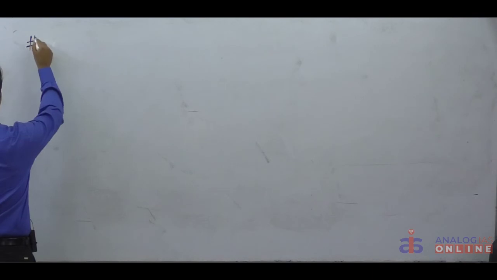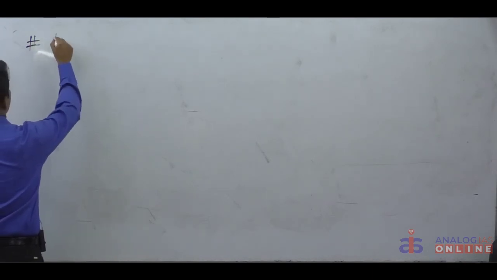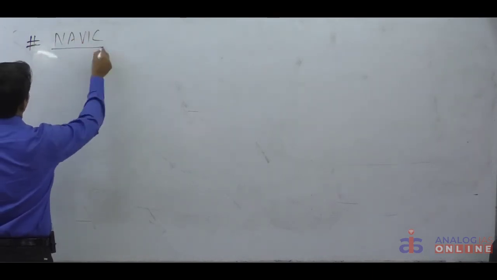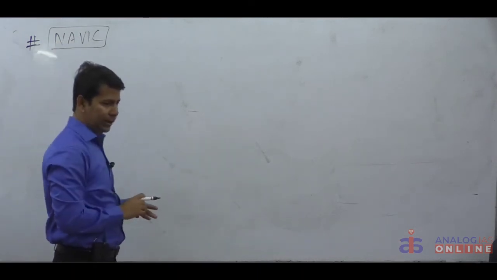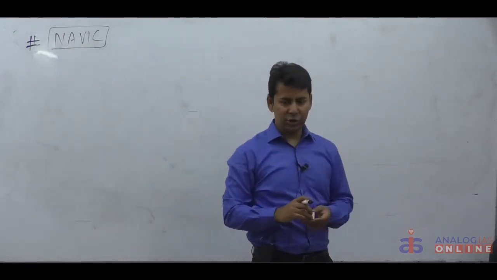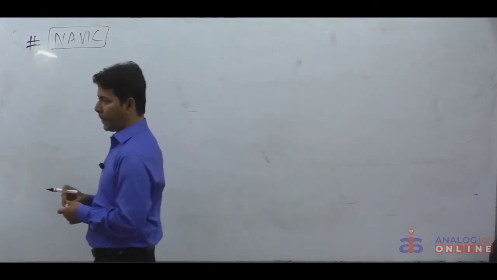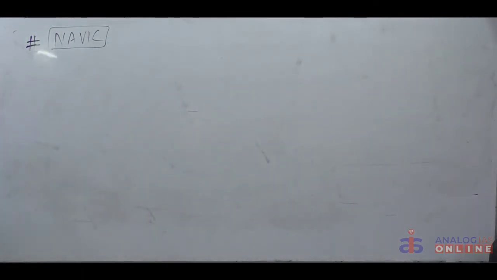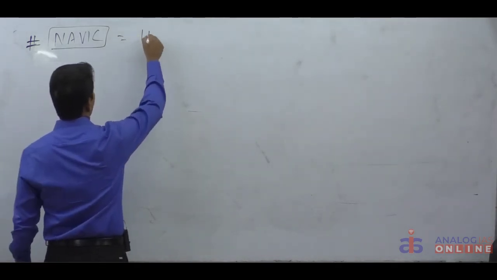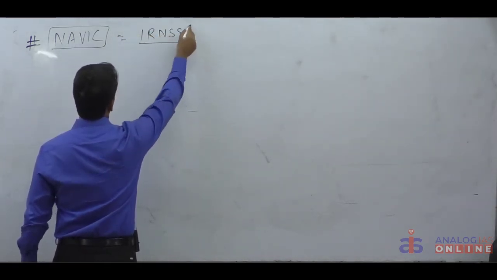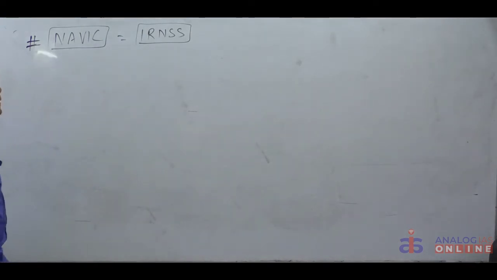You have to pay attention to this particular topic, like Navic. Why? Because it is almost active now, although public integration has not been done. IRNSS. So that is something that you have to read and revise, but pay attention to this.